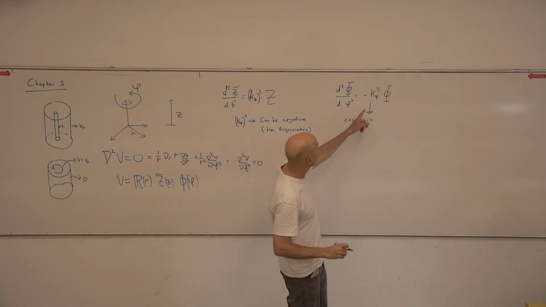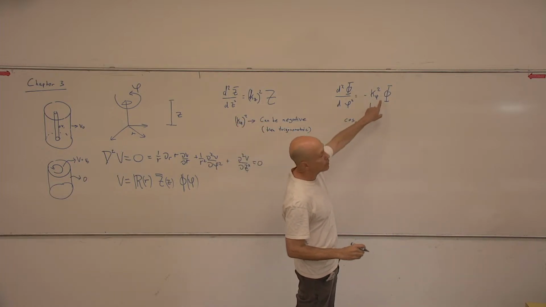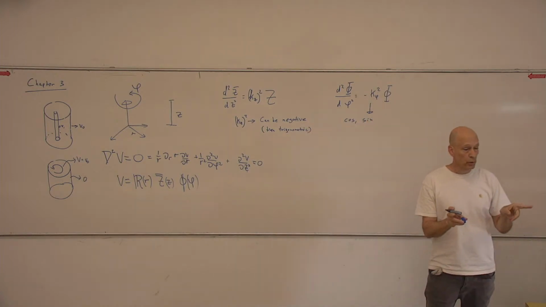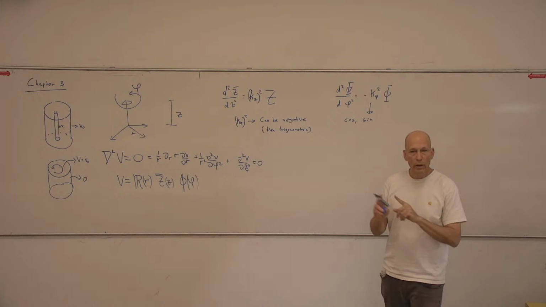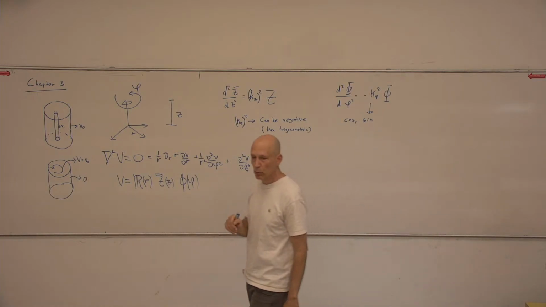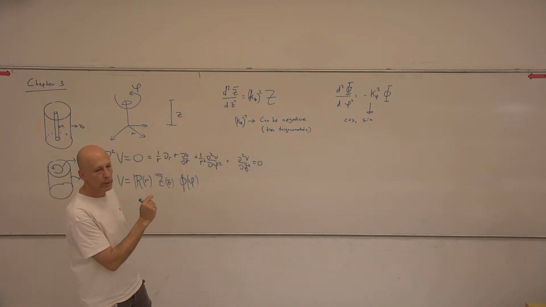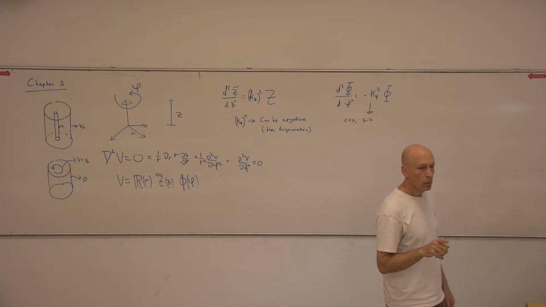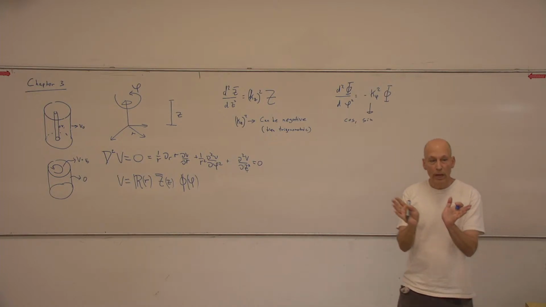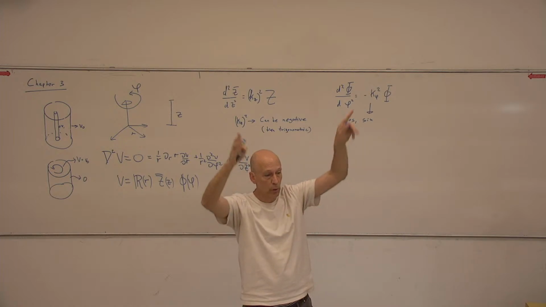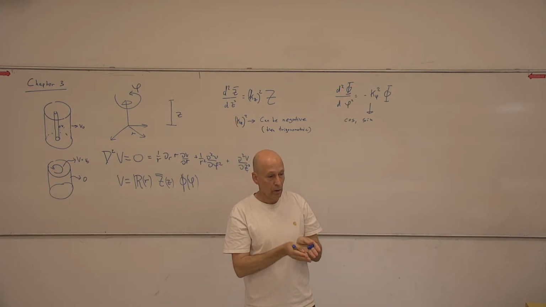Again, cosine k phi, take the second derivative, it's easy to show that this is a solution. There are exceptions to this. When do we also sometimes need the cosh? When we don't have a full rotation. We had a similar problem in the previous class, when we looked at this cone.